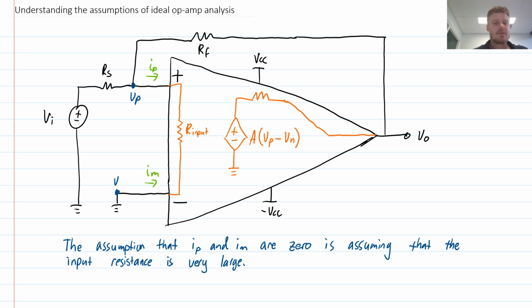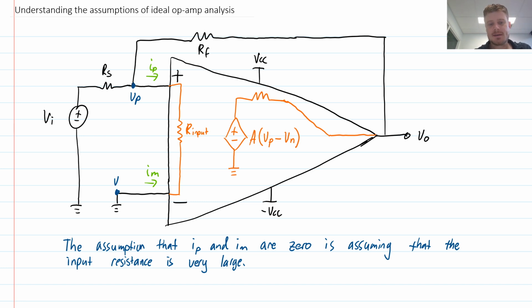For a very, very large input resistance, the amount of current that flows into these terminals will be very, very small. And in real life, this is a pretty good assumption. So zero current flowing into these input terminals is a reasonable thing to use as a first pass at analyzing an op-amp circuit.